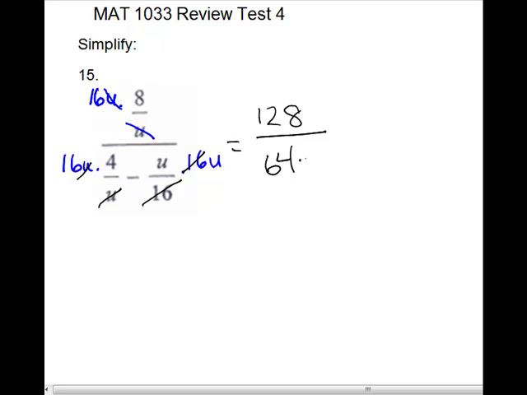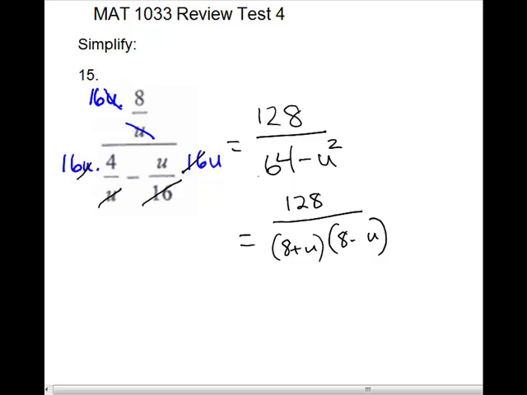So I have minus u squared. I could do a little factoring on the denominator, but it's not going to cancel. I have 128, and this would be 8 plus u and 8 minus u. So nothing cancels. You could have left it here.